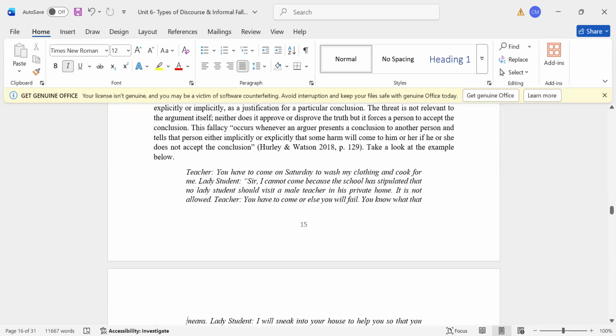It happens in the secondary school. Teacher has an argument with a student. Teacher: You have to come on Saturday to wash my clothing and cook for me. The lady student said, I cannot come because the school has stipulated that no lady student should visit a male teacher in his private home. It is not allowed.